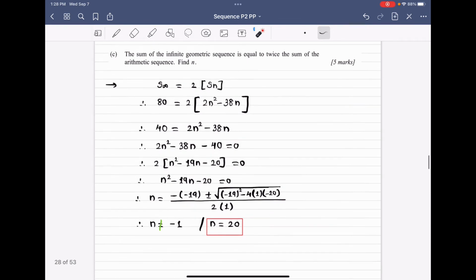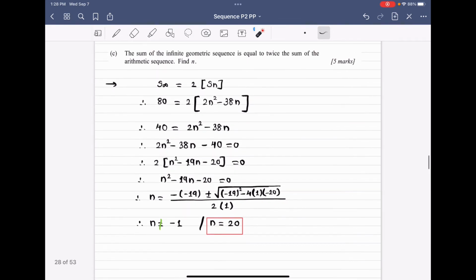Last part. The sum of an infinite geometric sequence is equal to twice the sum of the arithmetic sequence. Find n. So I am converting this word problem into mathematics, going one by one. The sum of an infinite geometric sequence, so S infinity, is equal to.